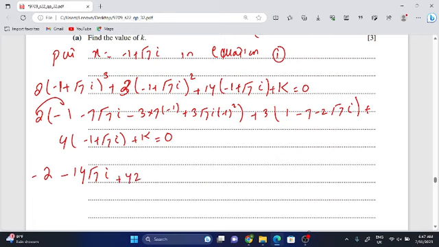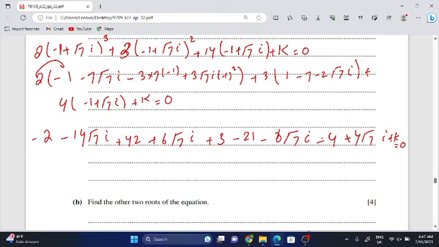So 42, and plus 6 square root of 7 i plus 3 minus 21 minus 6 square root of 7 i minus 4 plus 4 square root of 7 i plus k, which is equal to 0.